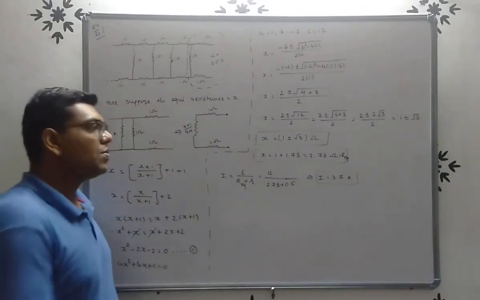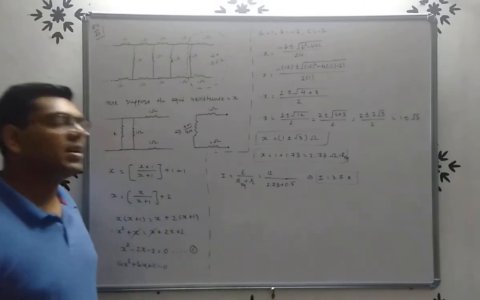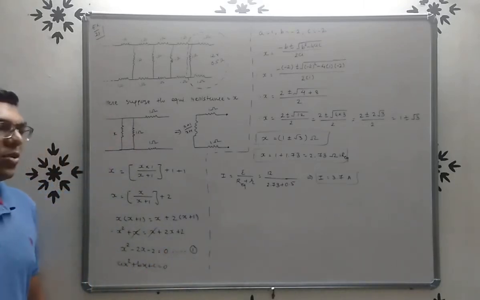Now we know the formula of current, I is equal to EMF upon R equivalent plus small r. So here we put the values of EMF, R equivalent and small r. So we get current I is equal to 3.7 ampere, right?